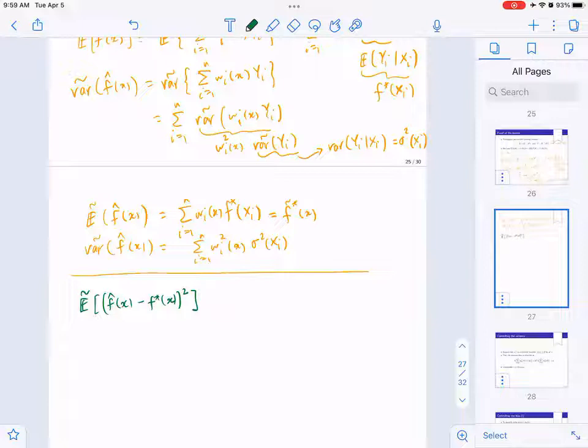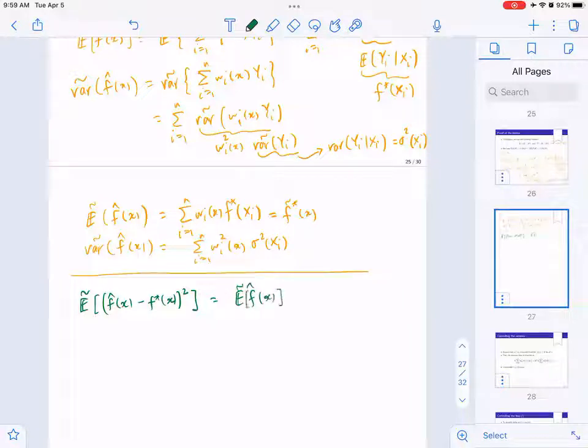It's easier to add and subtract the expectation of this, right? And then the cross term vanishes. That would give you the bias variance. So do this as an exercise, and the cross term goes away. If you remember what the bias variance decomposition is, you can just write it down. You don't have to redo it.